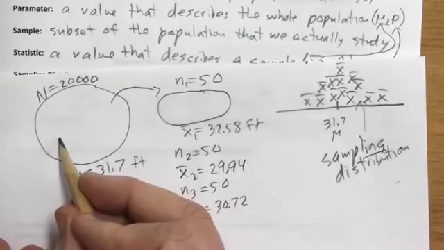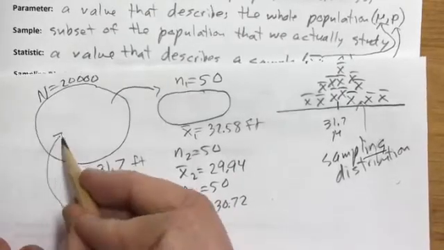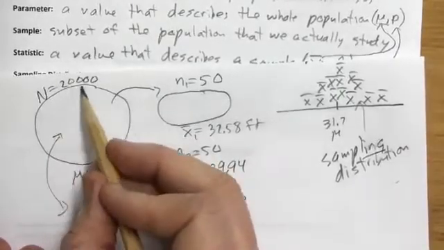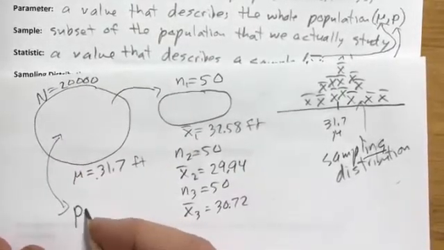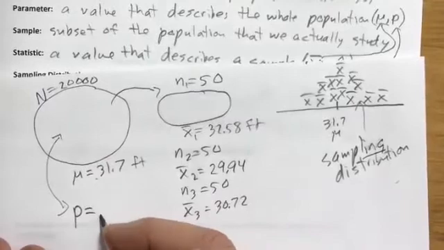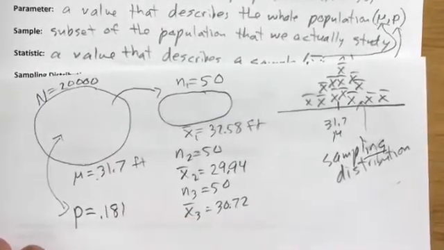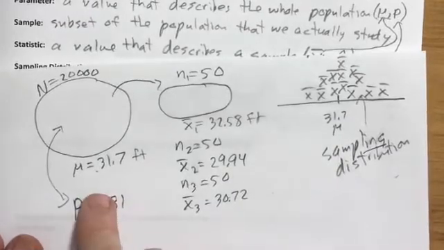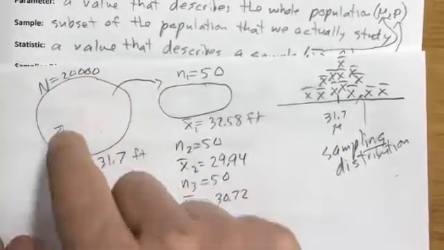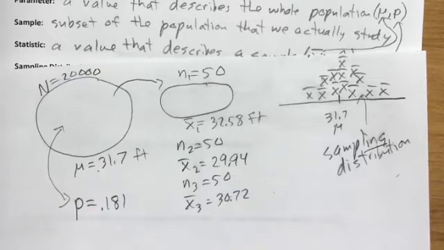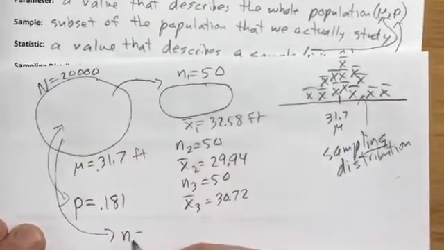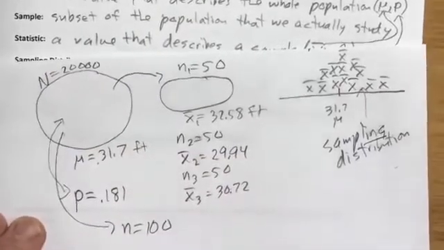Let's say we were estimating the proportion of all of these trees that have a fungus, and let's pretend when you look at all 20,000 trees, the proportion that has a fungus is 18.1%, so 0.181. And that's what we're trying to estimate. In order to find this number, we would have to study every tree in the forest, but we decided to take a sample, a subset, let's say of 100 trees.